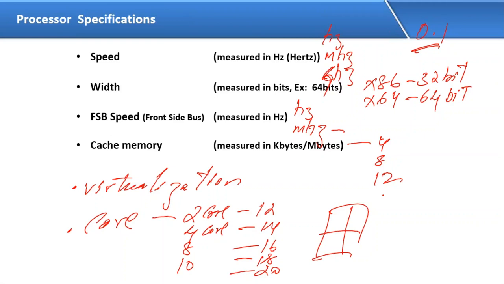For an operating system, we require a 32-bit or 64-bit processor. But if you want to go for virtualization, then we require virtualization technology in your processor. I will show you how to check whether my processor has it. Without virtualization technology, you cannot run Windows Server 2012.